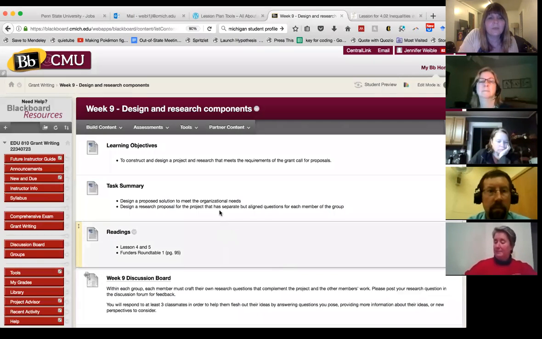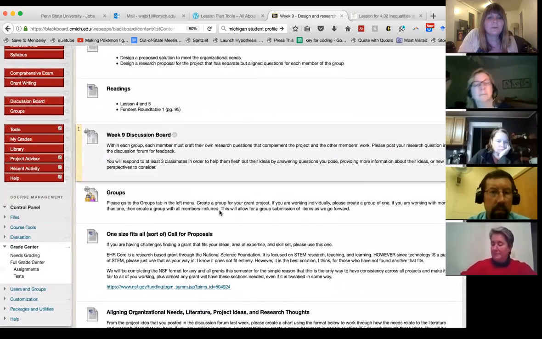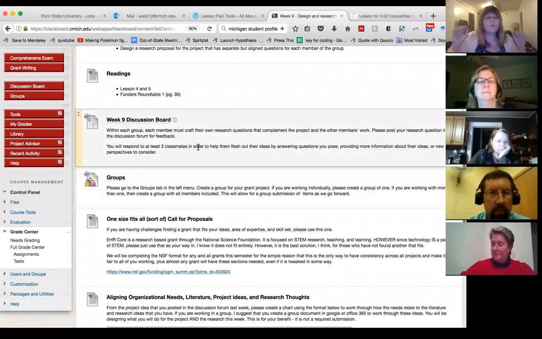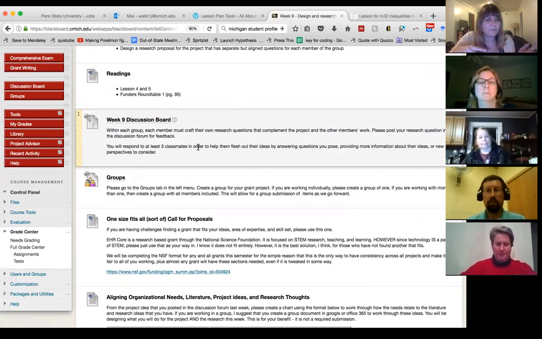Talk about it later. All right, so basically what you're doing here, as an individual or a group, depending on how you've grouped up, because we have one big group, one medium group, and then some individuals. Make sure you make a group spot for yourself over on the left-hand margin, because then you're able to submit it once and it shows up as a group for all of you. You can self-select your groups.